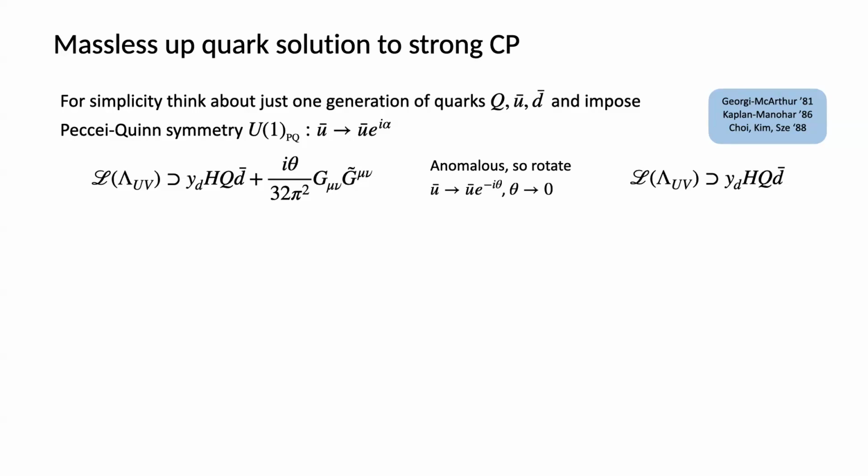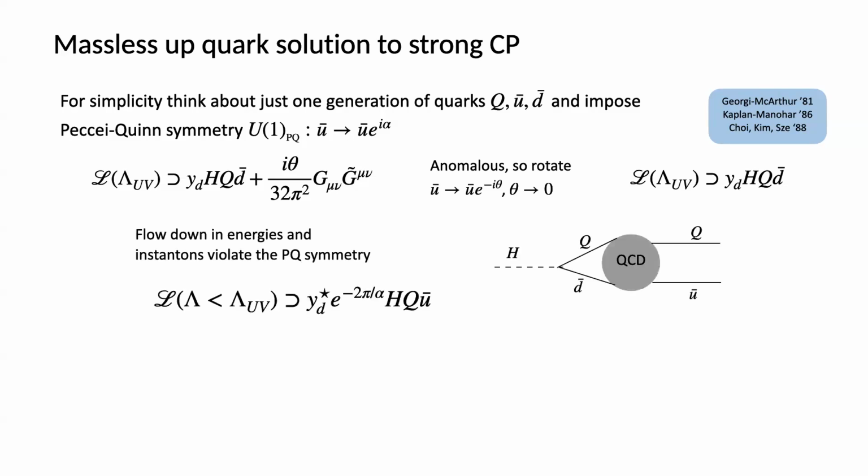Now, we actually know, of course, and have known for many decades, that the up quark in the far infrared has a non-zero mass. So you might ask, what in the world am I doing? But in fact, that's a feature of this solution. Because it's a Peccei-Quinn symmetry, an anomalous symmetry that's protecting the up quark mass, that means that as you slow down in energies, QCD instantons will violate this symmetry.